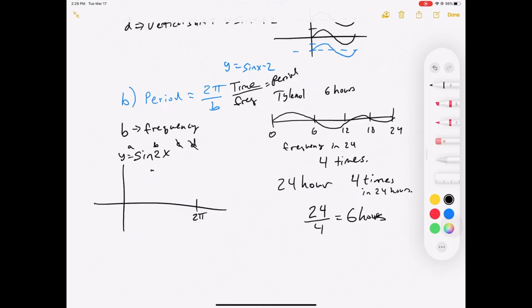B is frequency, so I see my b value is equal to 2. That means I'm expected to see this graph happen twice in 2 pi. Well, fine. In that case, am I supposed to just squeeze in two cycles randomly and just hope I get lucky?